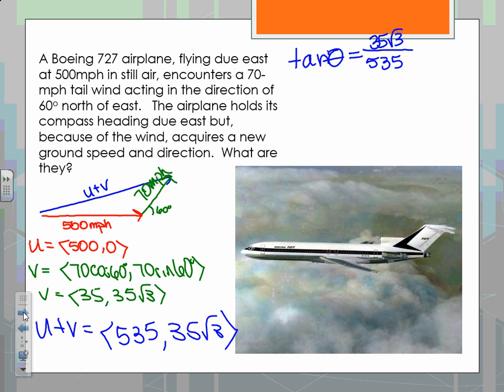This is the one time you're going to be in degree mode for my class. Put your calculator in degree mode, unless you want it in radians, and that's fine too. But sometimes it's nice to think about these application problems in terms of degrees. So put your calculator in degree mode, and then find the inverse tangent of that beautiful fraction we have up there.